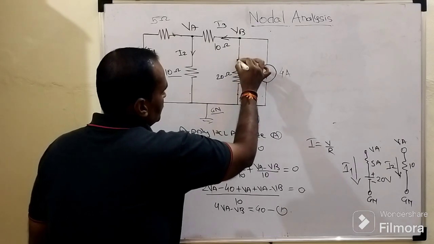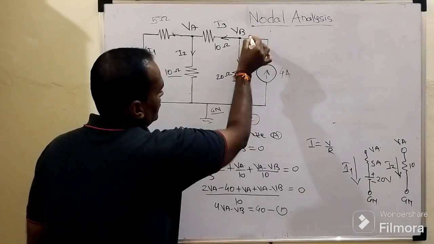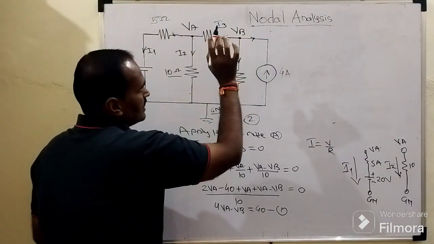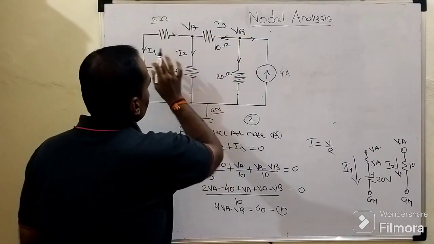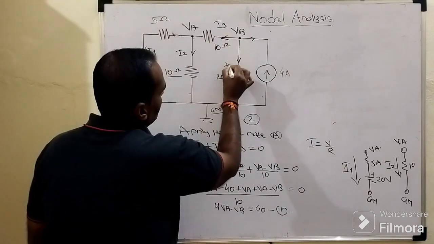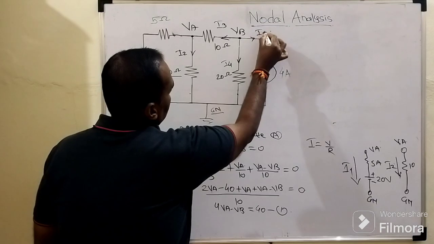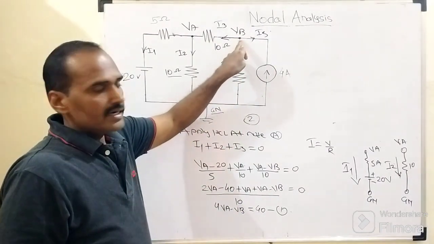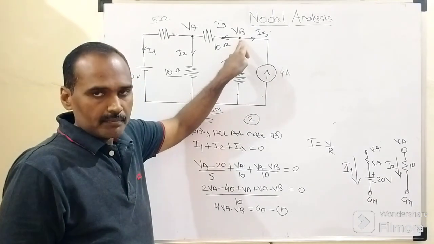The current flowing through this 20 ohm can again be considered as outgoing, and the current flowing through this branch can again be considered as outgoing. So this is I1, I2. One more time, it is I3, it is outgoing now. This will be I4 and this will be I5.